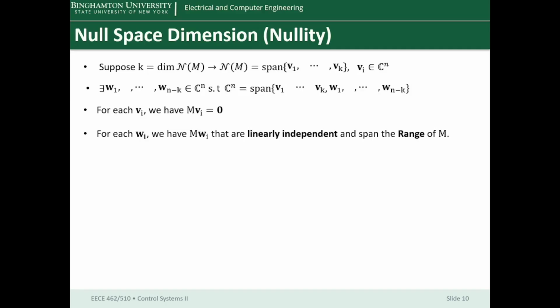Now let's see what happens when M operates on these vectors w_i. For each w_i, M w_i is non-zero, and the resulting vectors M w1, M w2 to M w_{n-k} are linearly independent and together span the range space of M. Therefore, the dimension of this complementary subspace, the part of C^n that is not in the null space, is exactly the dimension of the range space.